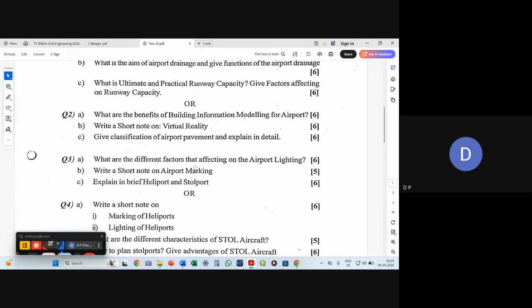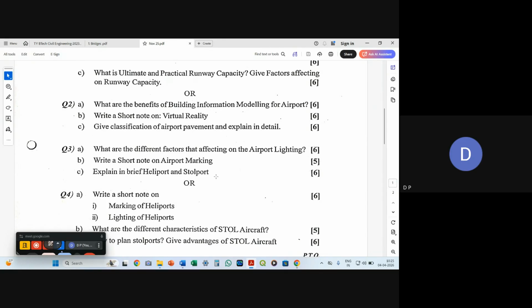Then what are the different factors that affect the airport lighting? So what is the purpose of lighting, and further you have to explain different factors that affect the airport lighting. Means what is the need, how we can provide the lighting, and on which factors the lighting of the airport is dependent. Then write a short note on airport marking. What are the different types of marking? We have seen how they are read and what is their significance.